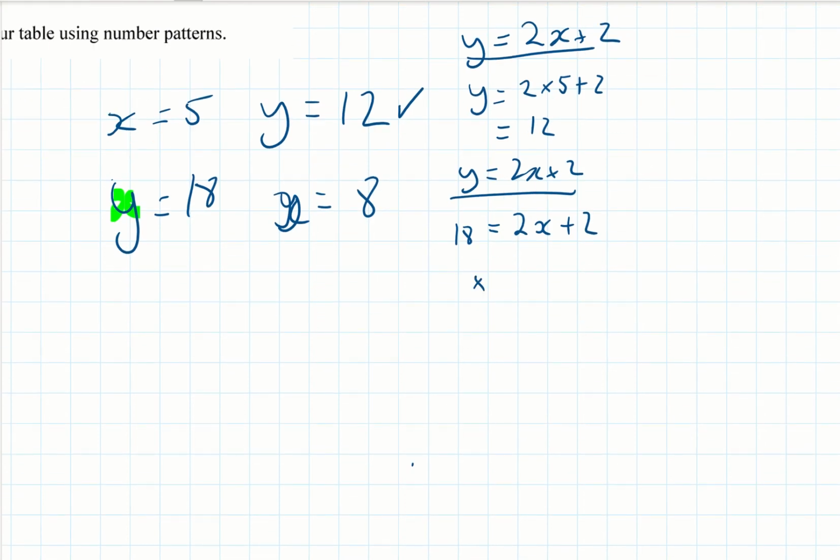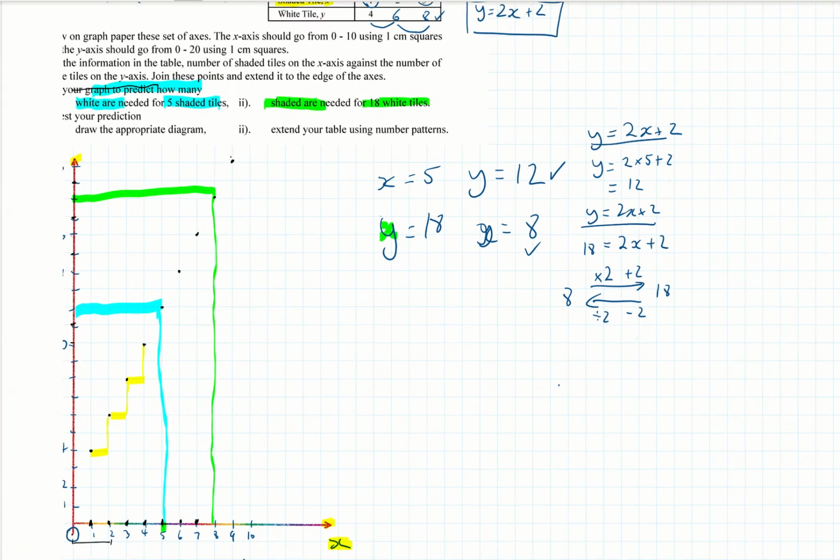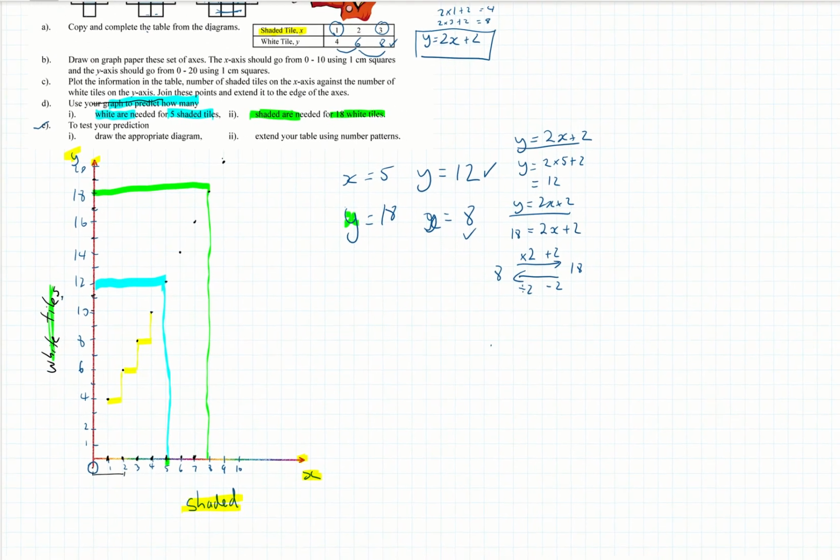I've timesed by 2 and then I plus 2, and that gets me my answer. But I know that when I do that I get 18. So to work out how to go backwards, the opposite of plusing 2 is minus 2, and the opposite of timesing 2 is divided by 2. So 18 minus 2 is 16, divided by 2 is 8. And that's what I got here. We're going to do more of this equation solving stuff soon as well. And there's my graph stuff.